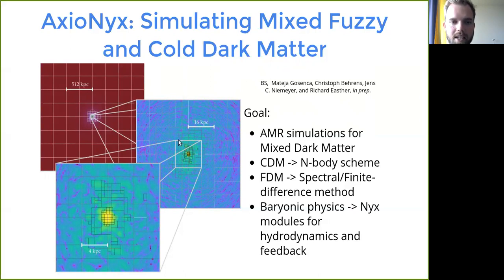And here you can see an example of one of our spherical collapse simulations, where here on the upper left, you have the full simulation, and then we zoom into the central part that is more refined, and you start to see here on the right the granular structure. And if you zoom into the very center, then even the core is very prominently visible.